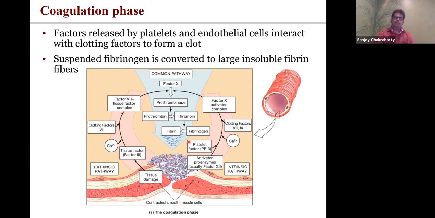So please pay attention. This one, the protein called fibrinogen, which is the clotting protein we studied, is in the blood plasma. The fibrinogen is a soluble protein, meaning they are roaming around with the blood plasma, because they're soluble. Once they convert into a protein called fibrin, that's their insoluble version.